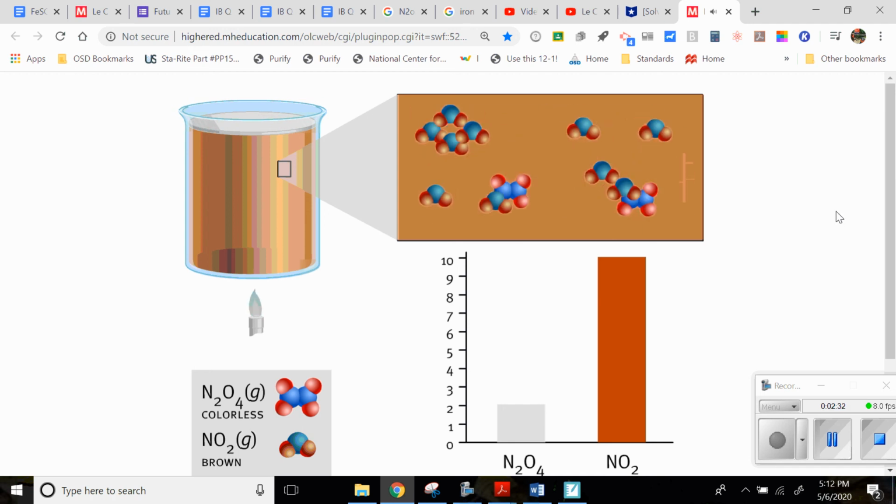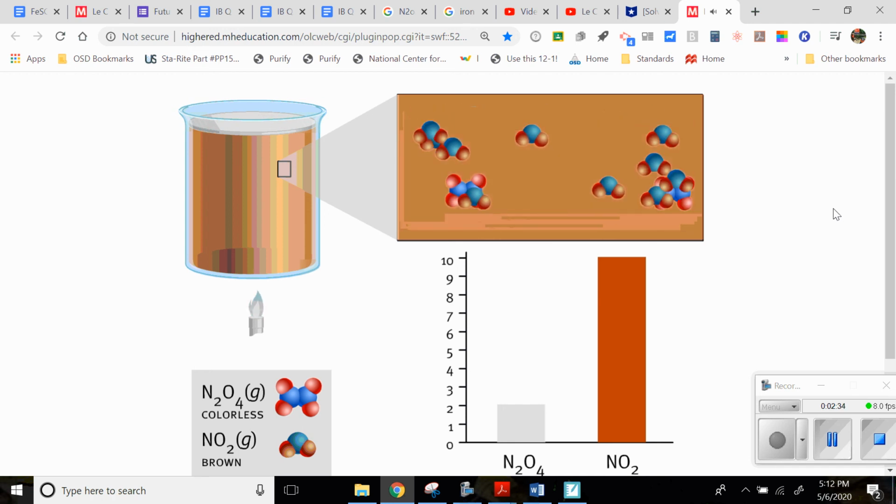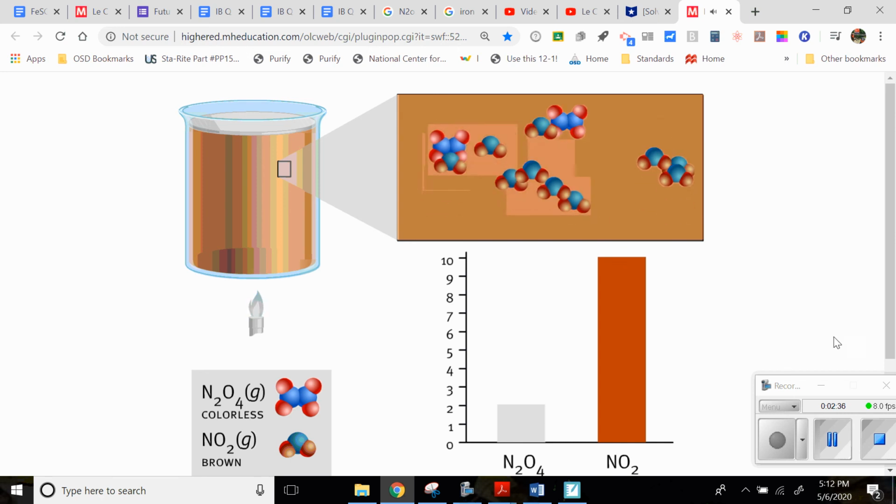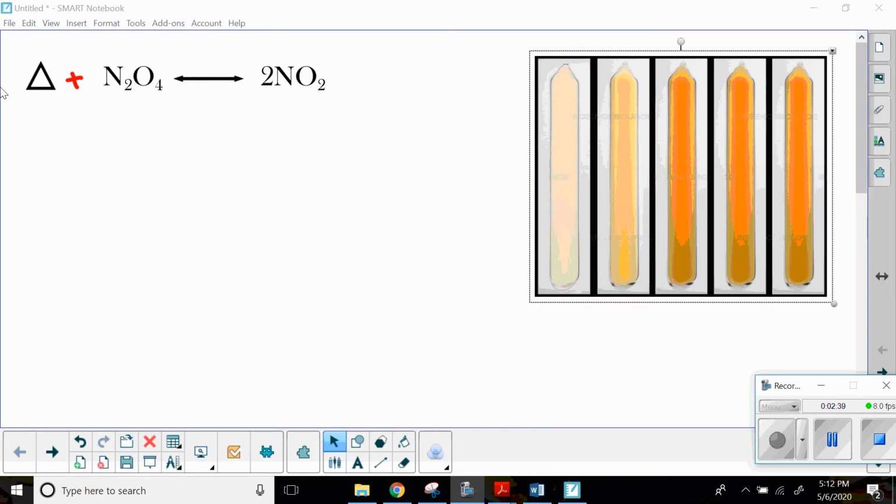And this happens because I have an endothermic reaction. So going back here, since I added more heat to compensate, I made more NO2. And you'll see that because the color of the gas that was produced turned a darker brown.